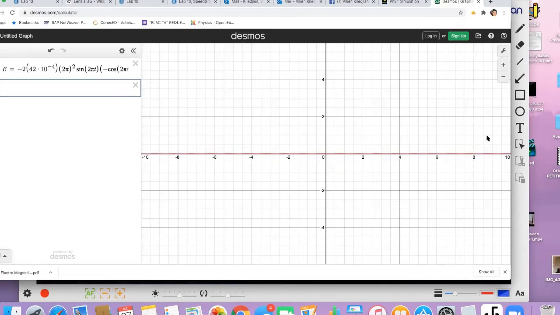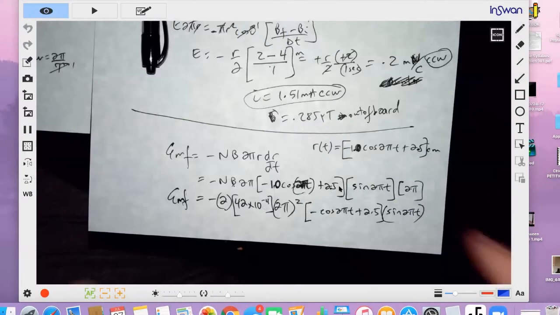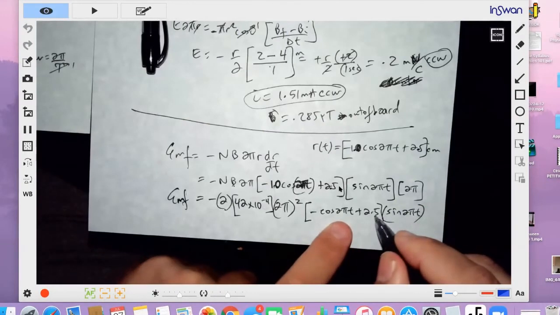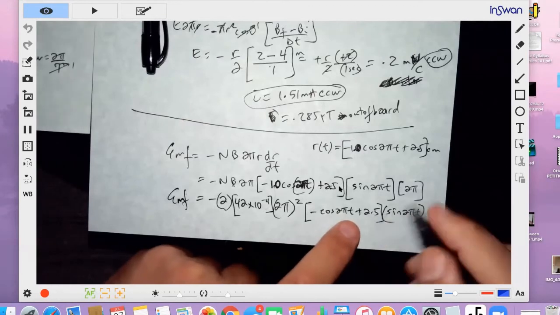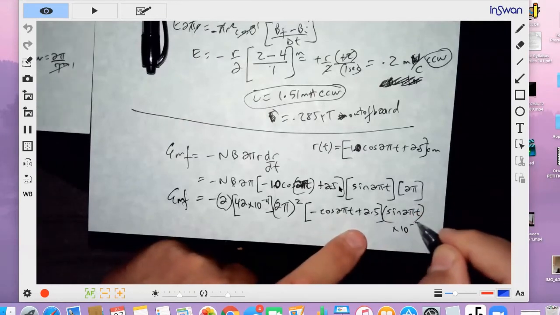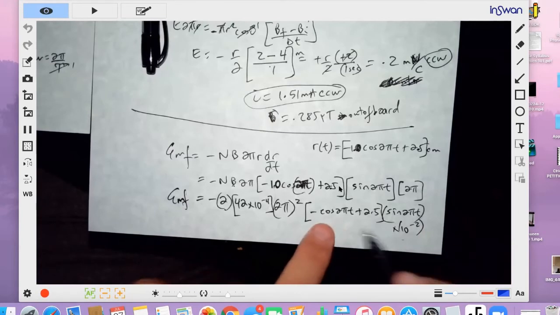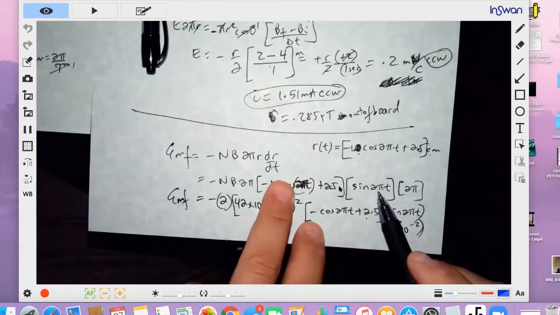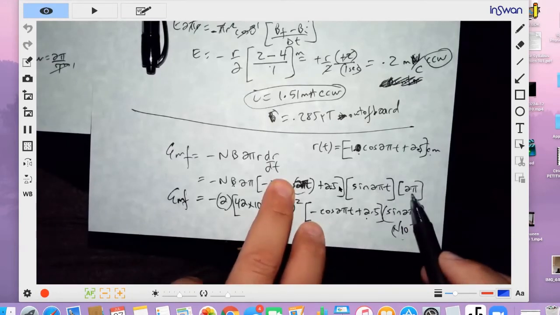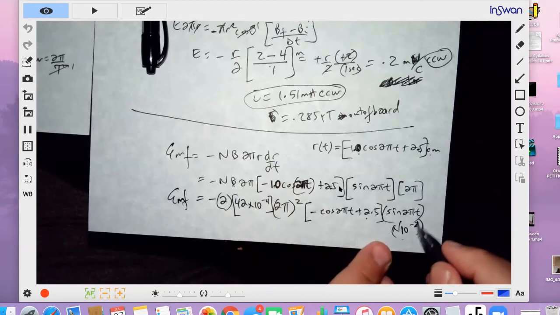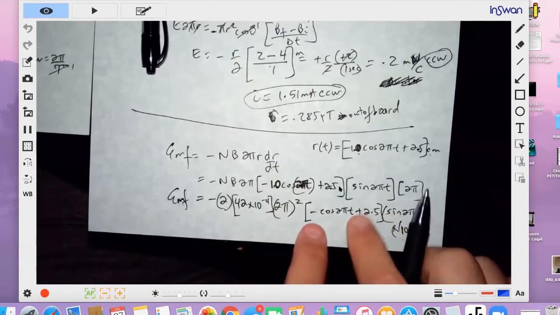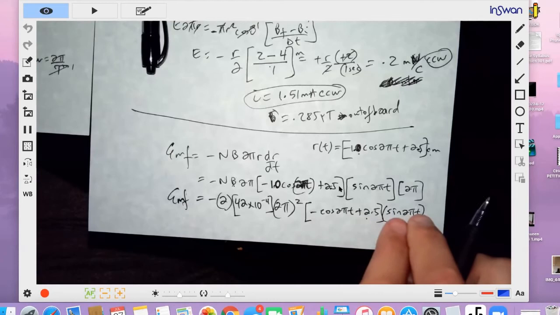Okay, so I added, because these were centimeters, a 10 to the minus 2. Well, you know what? It's 10 to the minus 4 because this is a centimeter and this is another centimeter.